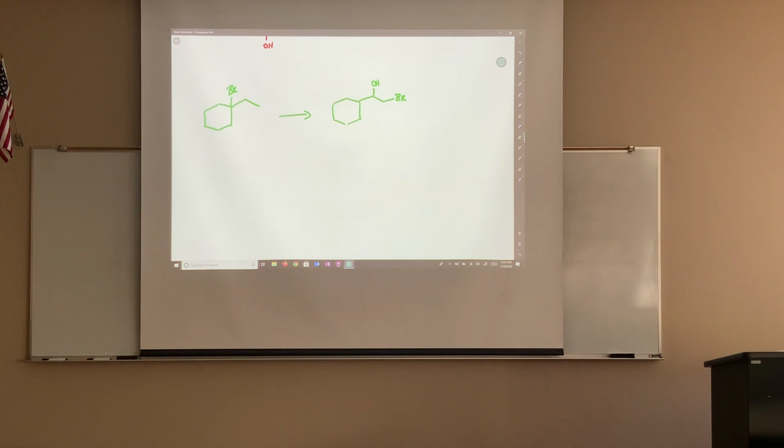How can you make an alkene? What are the only reactions that we know that can make alkenes? Eliminations, right? To do an elimination, you have to have some kind of leaving group. So you have to put a leaving group on one of those two carbons.